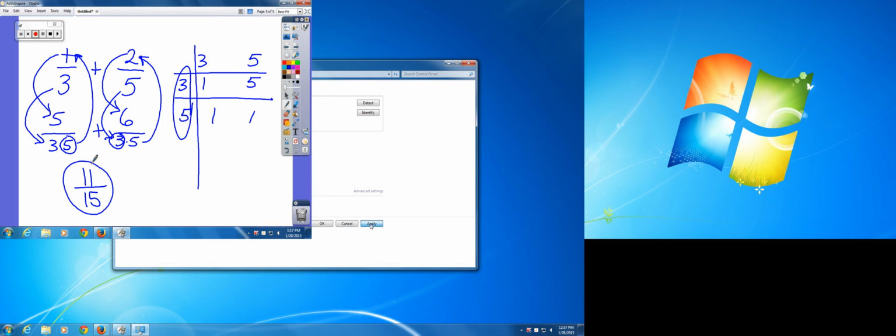Now, so far, you could have learned two rules. If you have a number that's a multiple of another number, then you use the larger number. And if you have two prime numbers, you can multiply them together. So you can learn two rules, or you can learn one. Here's the one. All right, let's try another one.